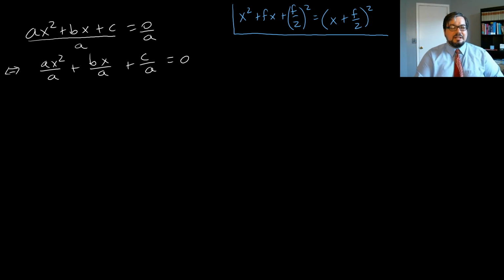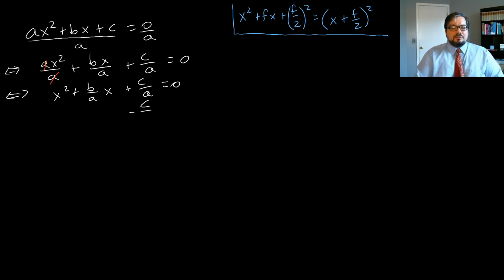So here I've just split up the fraction on the left across the numerators, and now these a's cancel out, and I am just left with x squared plus b over a x plus c over a equals 0.